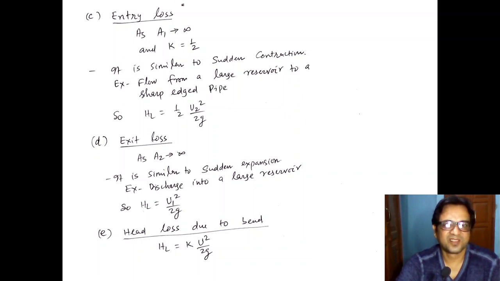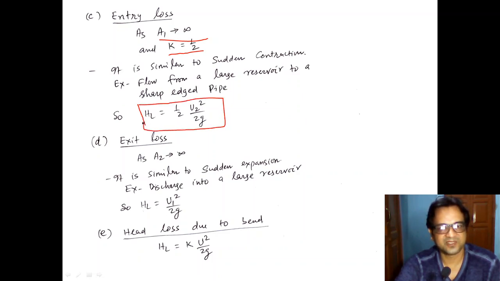If you put area 1 as infinite in the sudden contraction formula and K equal to half, you will get the head loss due to entry, which is half into U2 square by 2G. Similarly, exit loss means the discharge into a large reservoir, suppose at point 2. It is similar to a sudden expansion, but area 2 is infinite. So in the formula for sudden expansion, put A2 equal to infinite, and you will get the head loss U1 square by 2G.